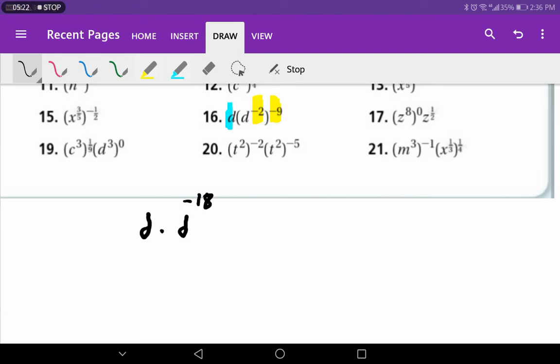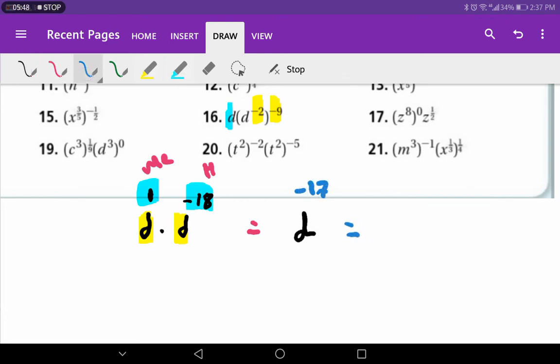But this one has power 1. Now we know that if we have the same base, we add this with this. So 1 for me and 18 for Hamada, for example. So the answer equals d with power negative 17.